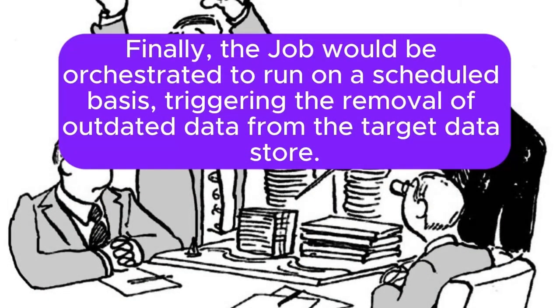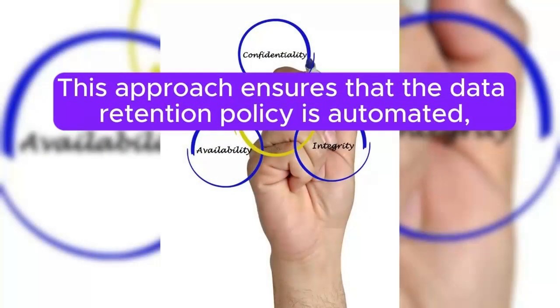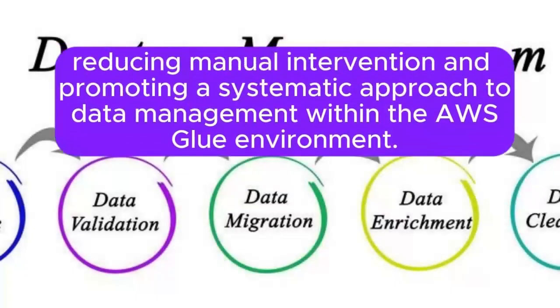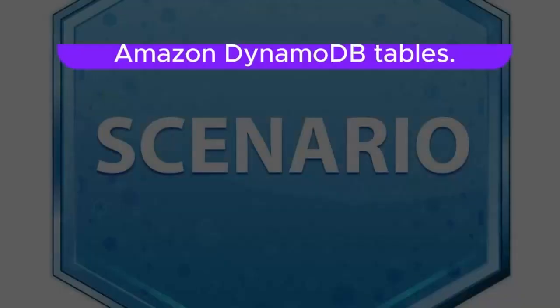Finally, the job would be orchestrated to run on a scheduled basis, triggering the removal of outdated data from the target data store. This approach ensures that the data retention policy is automated, reducing manual intervention and promoting a systematic approach to data management within the AWS Glue environment.